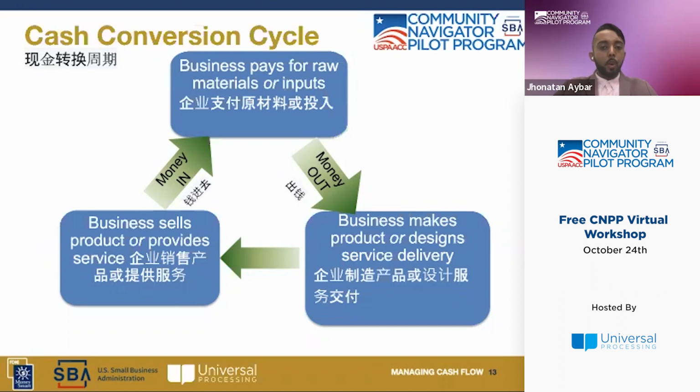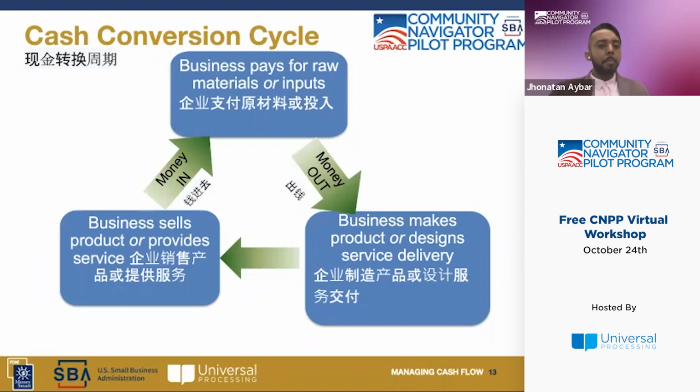So a business pays for raw materials. You can consider raw material supplies, inventory, all of the things that are needed for you to be able to provide the services, and including labor as well, including overhead, like rent. All of those things are money that we are putting into the system, into the cash conversion cycle.